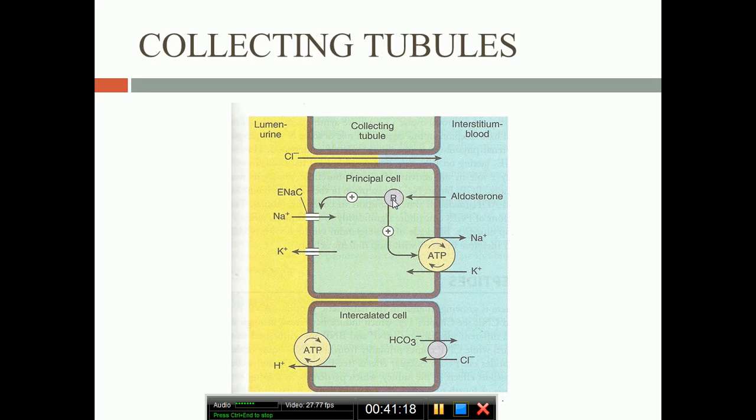Aldosterone induces protein synthesis and induces sodium channels within the apical side of the membrane. Thereby sodium reabsorption is enhanced. This also enhances sodium reabsorption through the basolateral membrane by the sodium potassium ATPase antiporter. So this all happens under the influence of aldosterone.